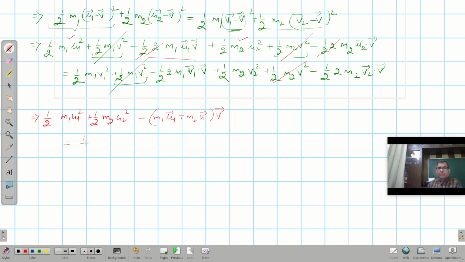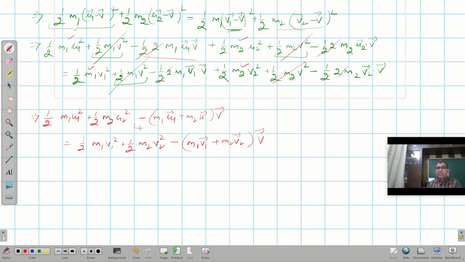So this is equal to half m1 v1 square, this term and then this term, plus half m2 v2 square. Then this will cancel out with it. The minus can be taken outside, so inside it will be m1 v1 plus m2 v2 multiplied by v.